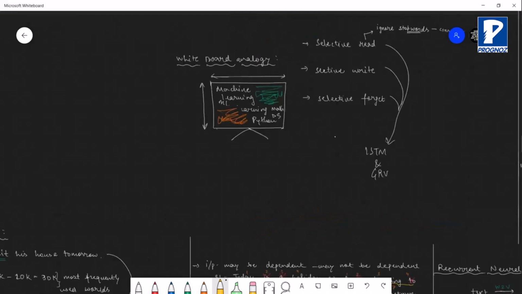And then NLP comes into picture, so I will come to that. But prior to that, let us understand the problems of exploding and vanishing gradient descent.